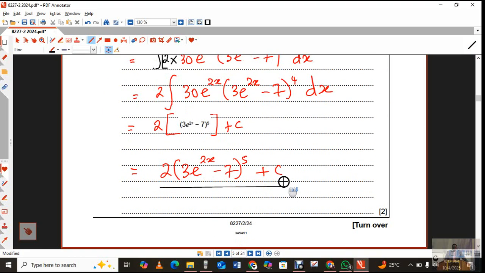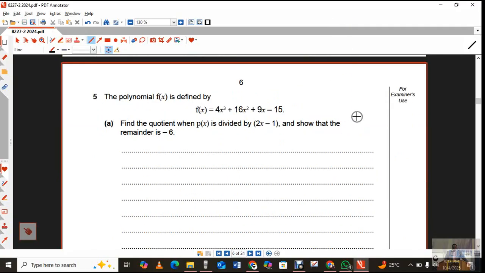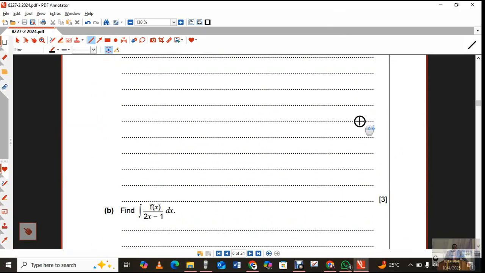All right. Right, that brings me to question 5. And question 5 says the polynomial f of x is defined by f of x equals 4x cubed plus 16x squared plus 9x minus 15.